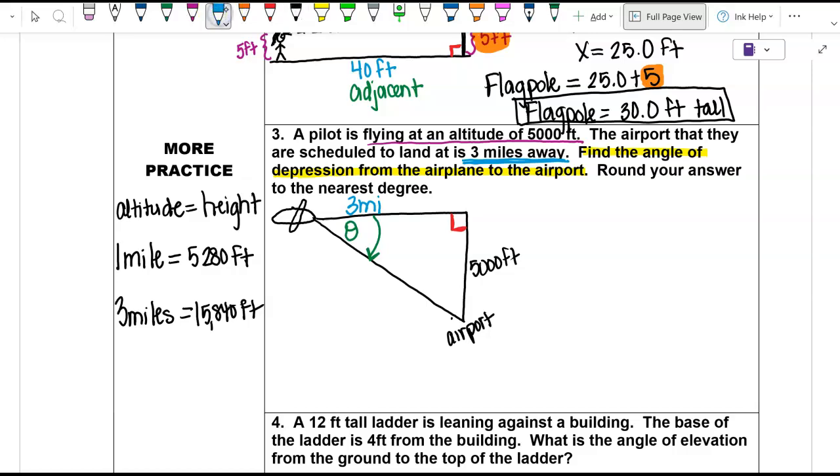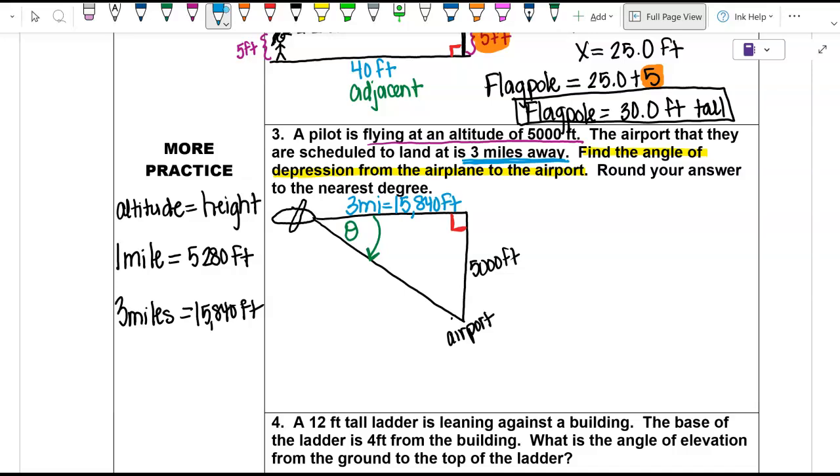So now that 3 miles, I'm going to put that 15,840 feet. Now I'm dealing in feet on both of my measurements, and now I can solve because I'm dealing in the same unit of measurement. We have to make sure and pay attention to that.